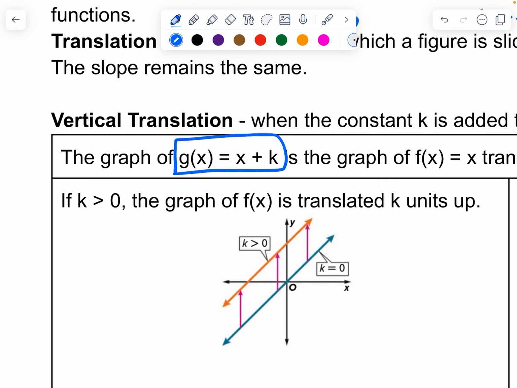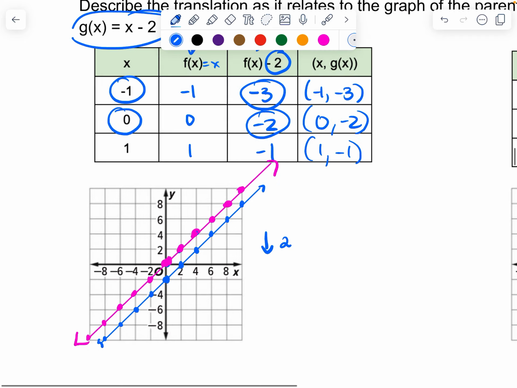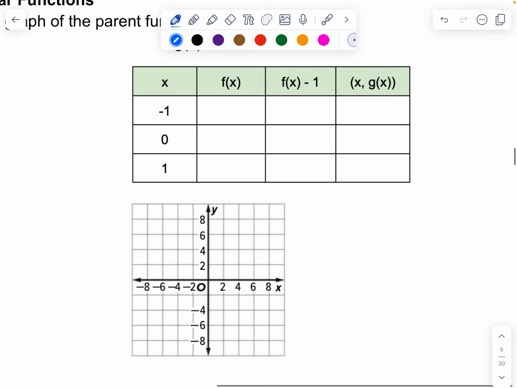So what I've done is I've gone down 2. All I've done is taken the same line and I moved down 2.